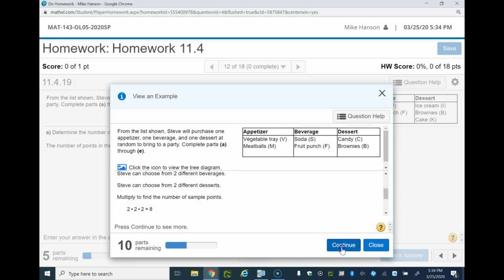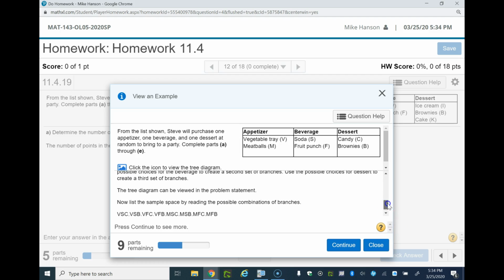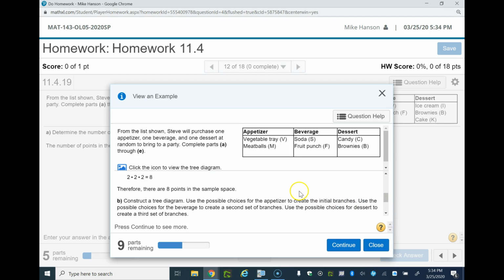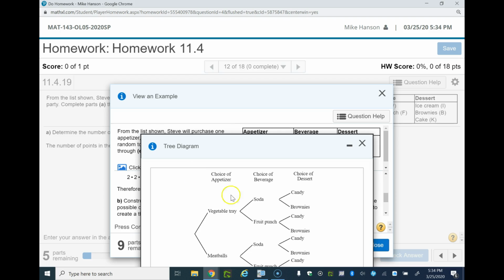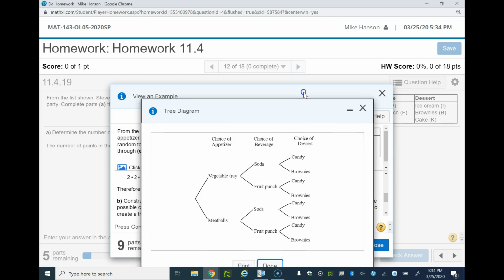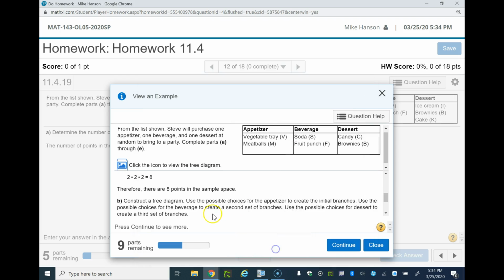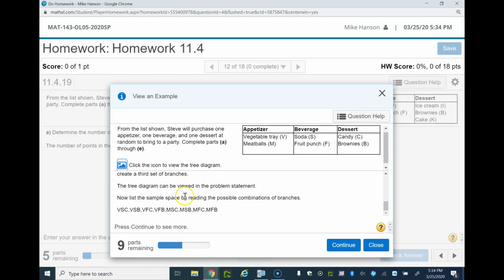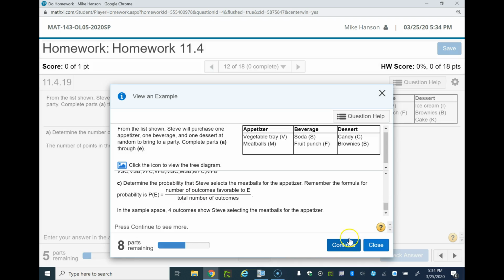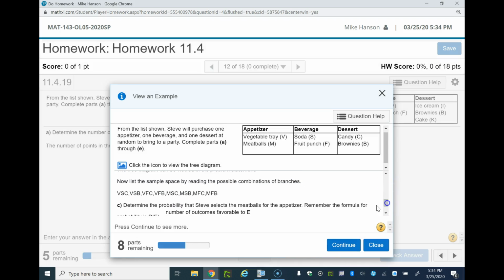Part B is where we're going to have to select a tree diagram. And I think they have icons where you can look at them and see the layout, as far as what it's supposed to be like. So for part B, you can just abbreviate by putting V for vegetables, and M for meatballs, and so forth.